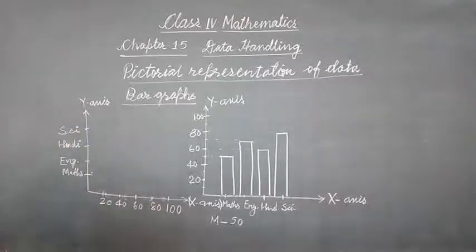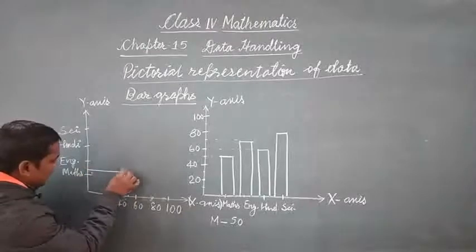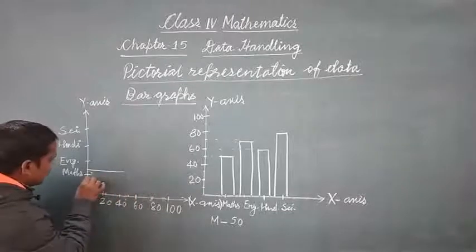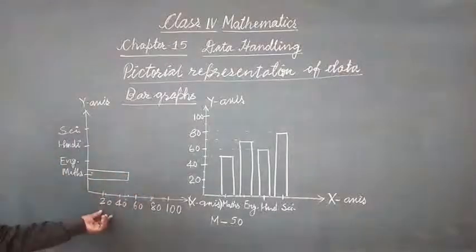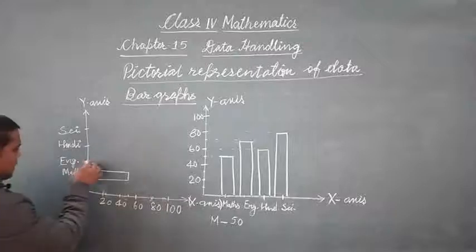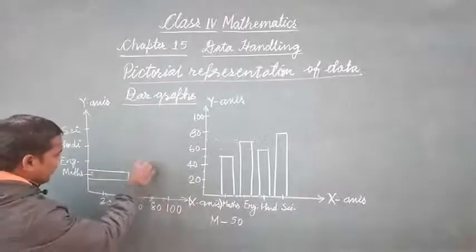Now, in maths, 50 students passed, so we can draw a bar like this, which is parallel to the horizontal axis and vertical on the y-axis. Then in English, 65 students, so here we will draw.